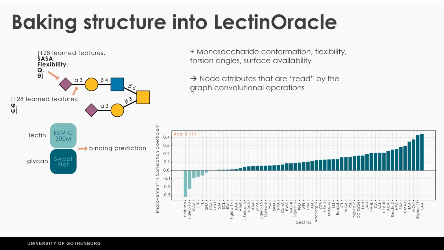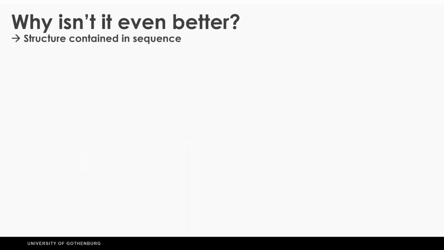But if I'm being honest with you, I would have expected an even bigger increase because it's structural information. It should, you know, it should blow performance through the roof. So we went back sort of to the drawing board, and we thought that probably some of that information is already contained in the sequence, and the model has access to it, and has learned some of these associations.